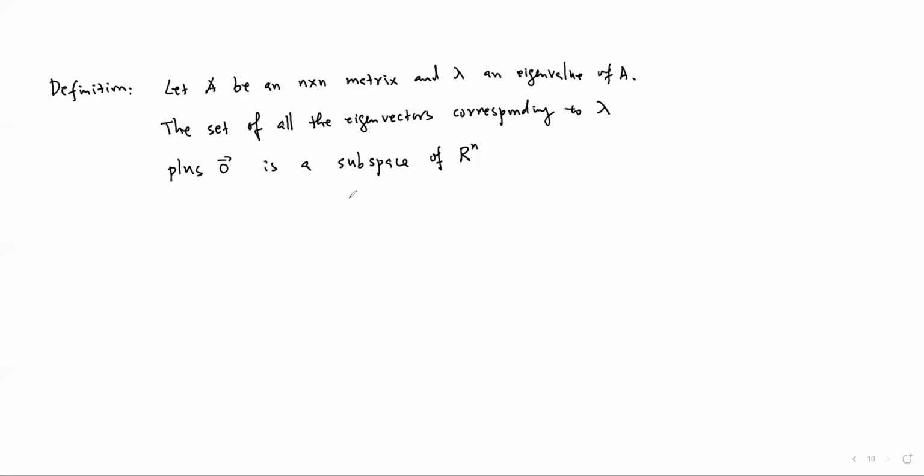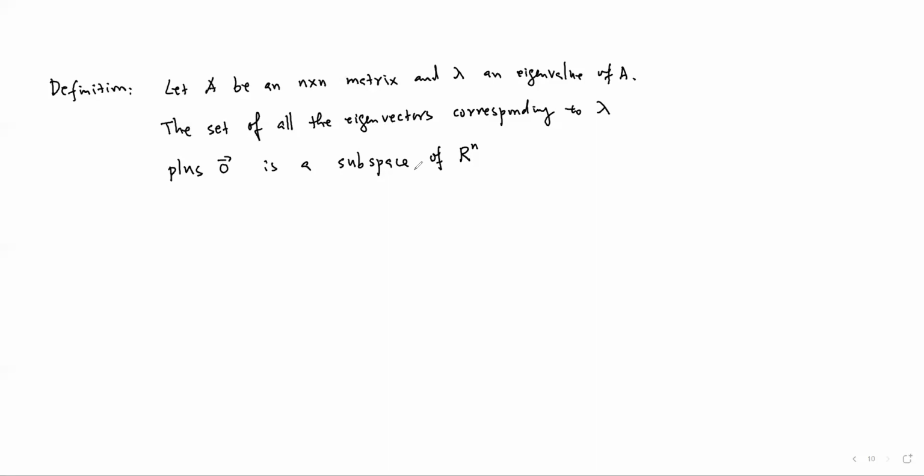The definition is: if the set is closed under vector addition and is closed under scalar multiplication, then the set is called a subspace. So this statement means eigenvector plus eigenvector is still an eigenvector.